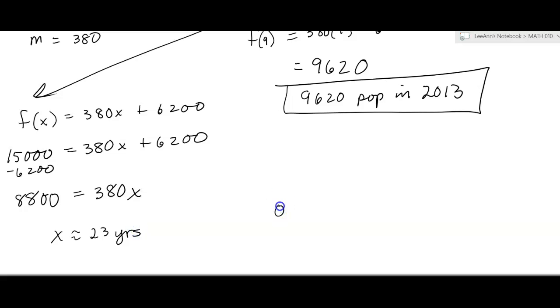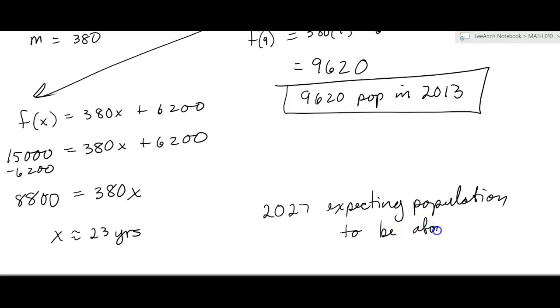So in the year 2027, we're expecting the population to be about 15,000.